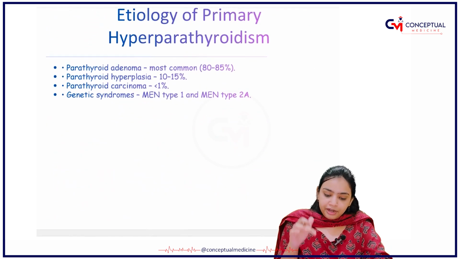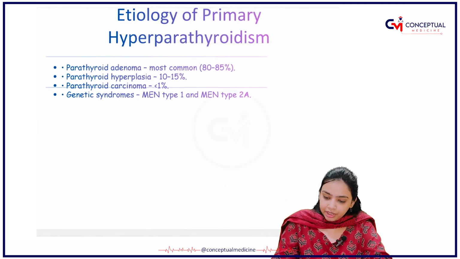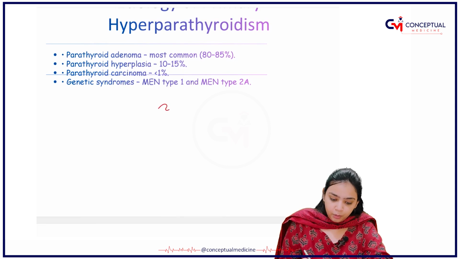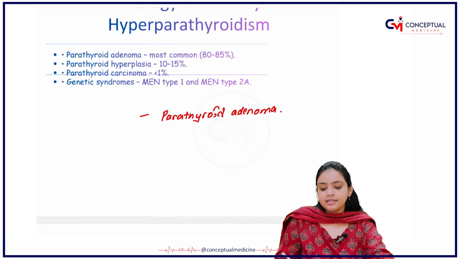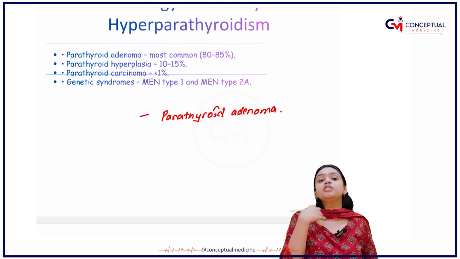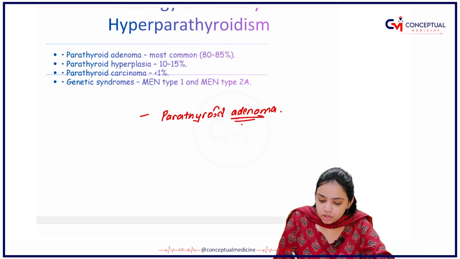If I talk about the etiology of primary hyperparathyroidism, what are the etiological factors? The first one is parathyroid adenoma. Guys, I have told you that whenever the term adenoma comes, it means we are dealing with a tumor.